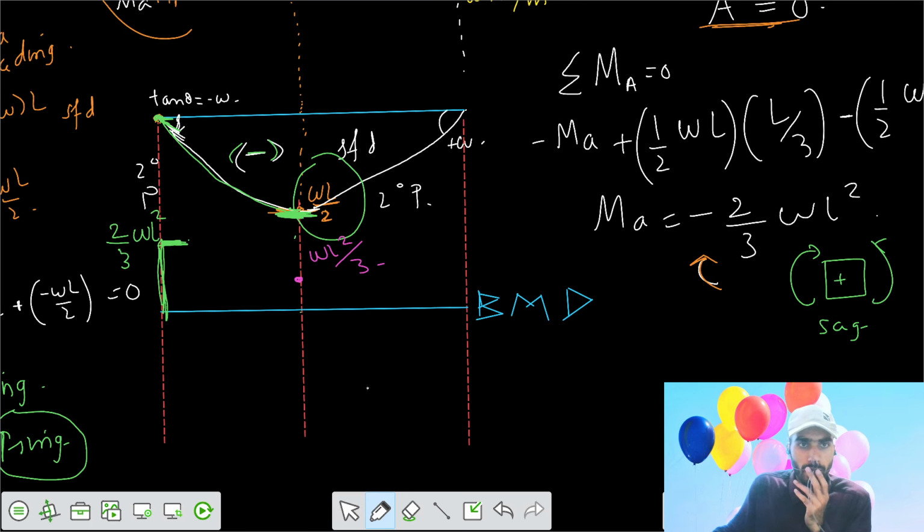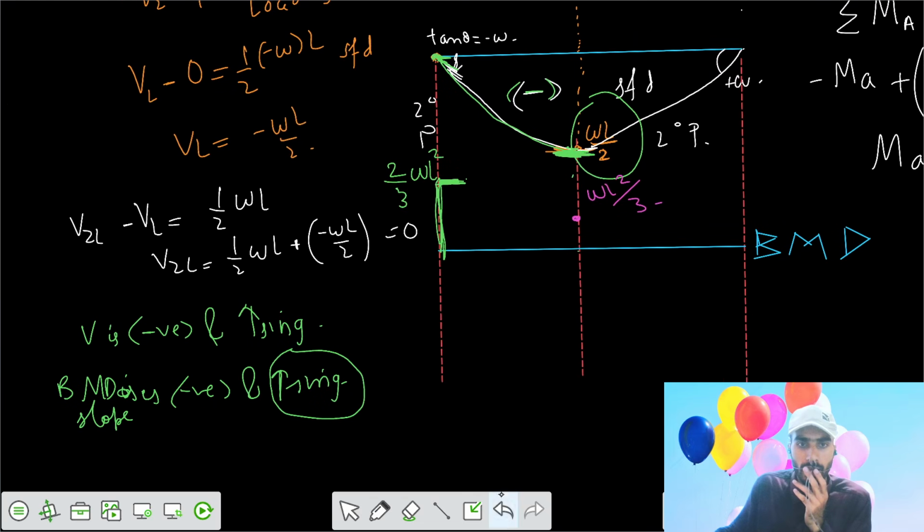Then we have to connect the two points in this way, such that the BMD slope is negative and increasing. Here the BMD slope is 0, and here the BMD slope is negative and increasing. So the value is increasing from 0 to some value.